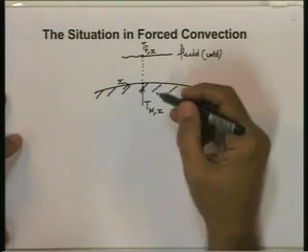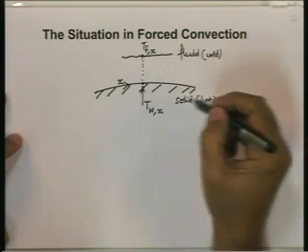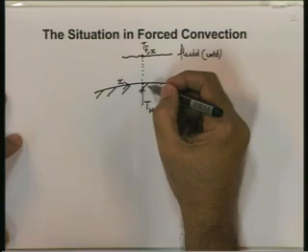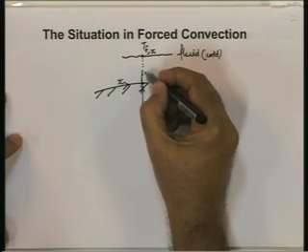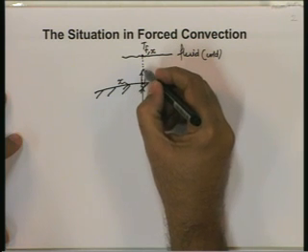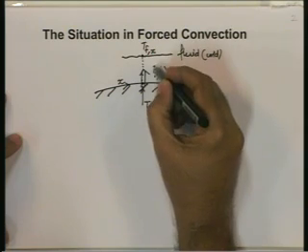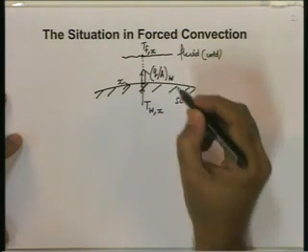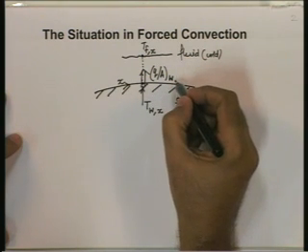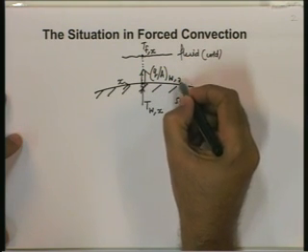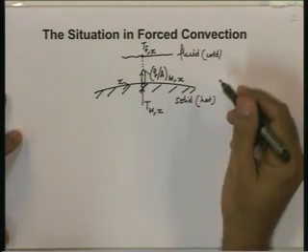Because the fluid is cooler than the solid, there will be a flow of heat from the solid to the fluid by convection. Let me say that the heat flux at that point is Q by A at the wall. And again, this may be varying from one point to another point. So let me say this is Q by A wall at that particular x.